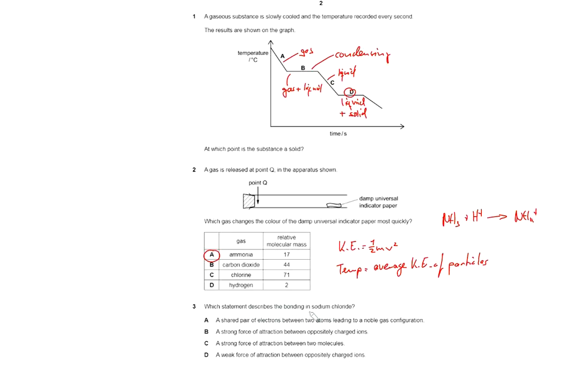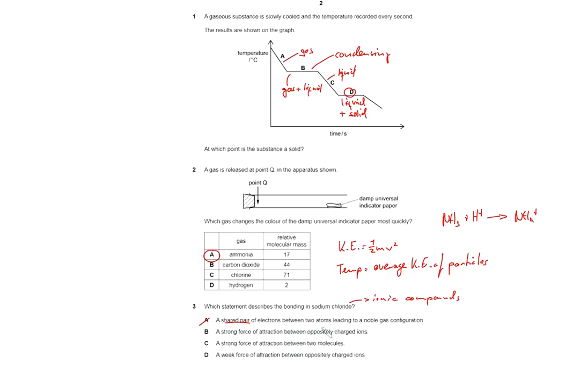So, sodium chloride, sodium is a metal, chlorine is a non-metal. Metal and non-metal together form ionic compounds. Therefore, we can exclude answer A, because answer A talks about sharing an electron pair.